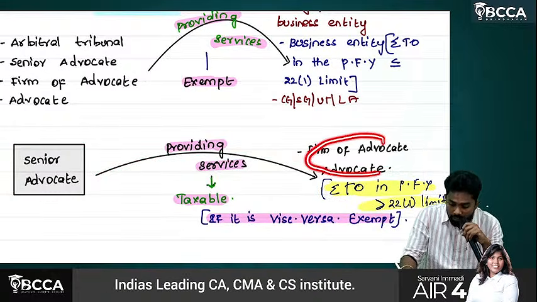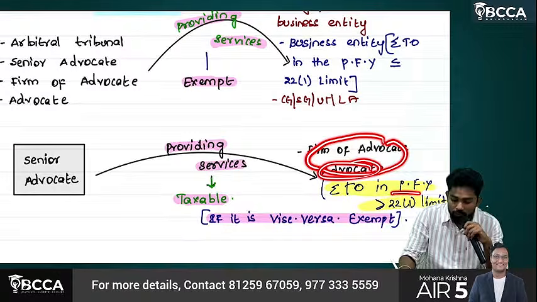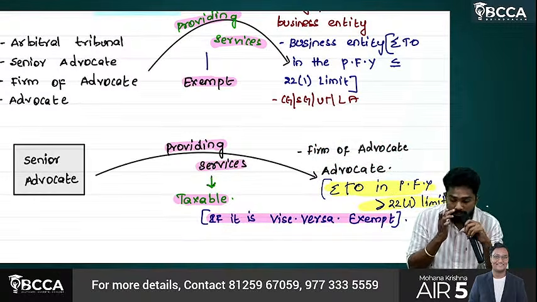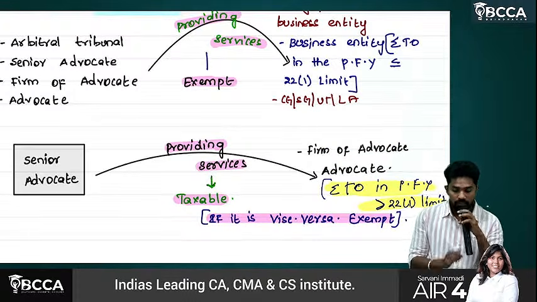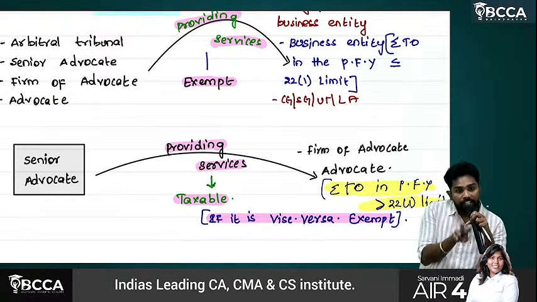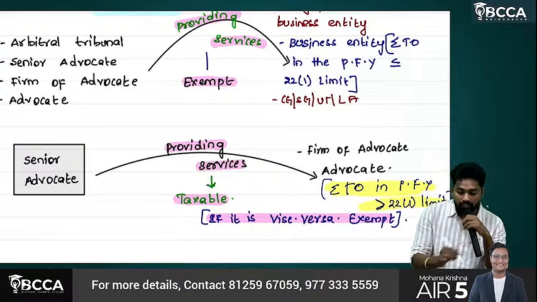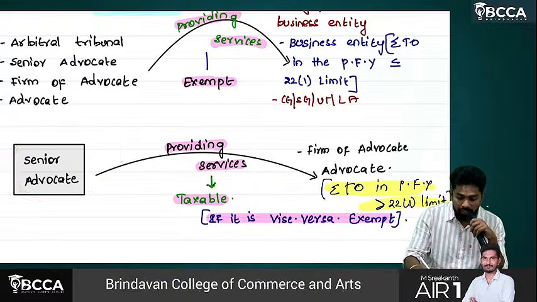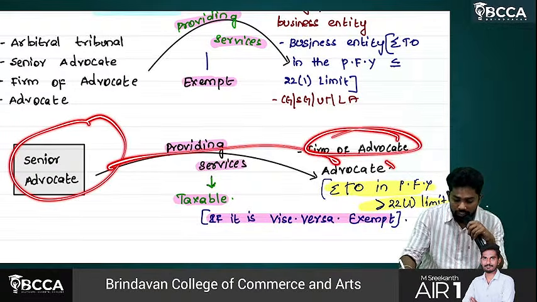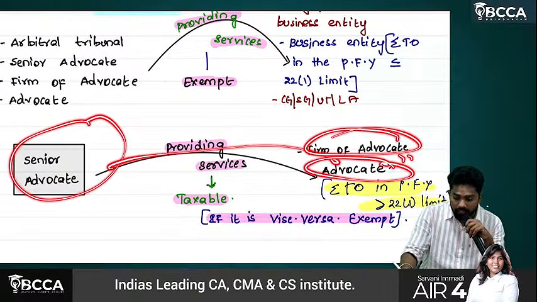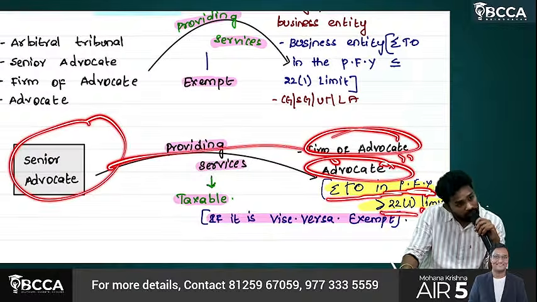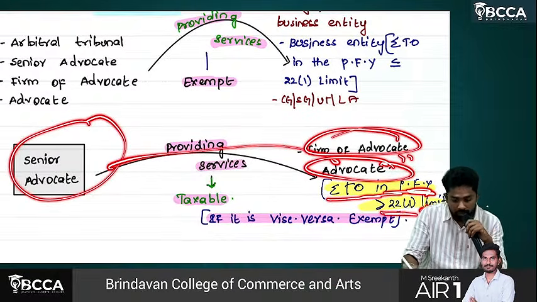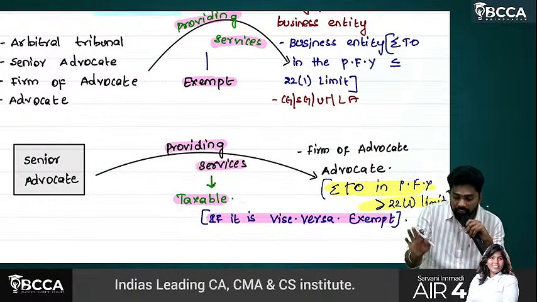When the firm of advocate or advocate turnover is more than the Section 22(1) threshold. Whereas senior advocate providing services to firm of advocate or an advocate whose aggregate turnover in the preceding financial year is more than the threshold limit, then it is taxable.